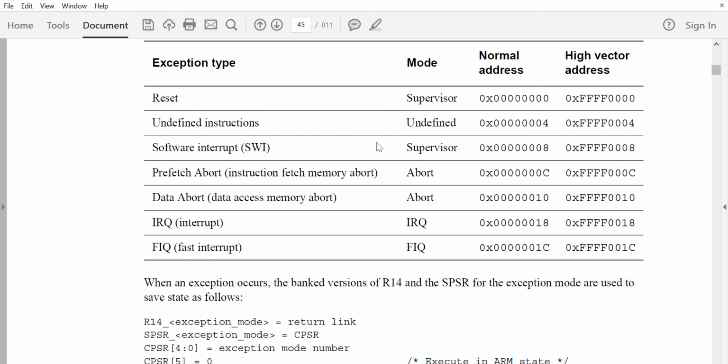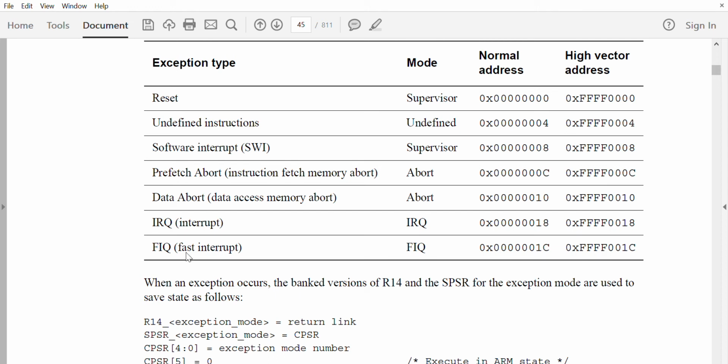Reset happens in supervisor mode. Undefined instructions happen in undefined mode. Software interrupt happens in supervisor mode. Prefetch abort and data abort happen in abort mode. IRQ happens in IRQ mode, and FIQ or the fast interrupt happens in the FIQ mode. So these are the 7 types of exceptions.